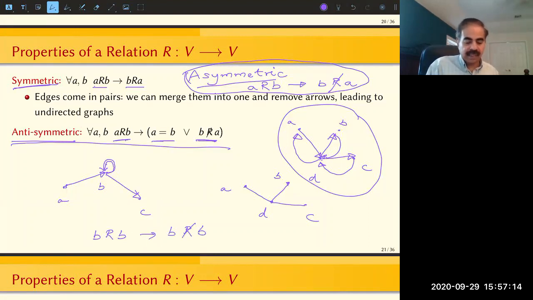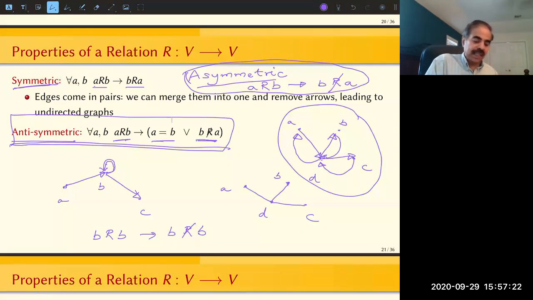So this kind of makes no sense. So we generally talk about antisymmetry, which basically says ignore the self loops, but otherwise, if you have a forward edge between two vertices, you should not have a backward edge, and vice versa. That's antisymmetry, and that's the condition that we often come across.